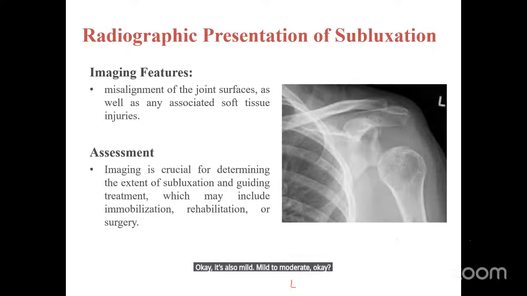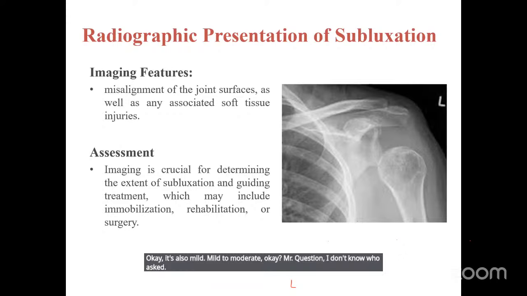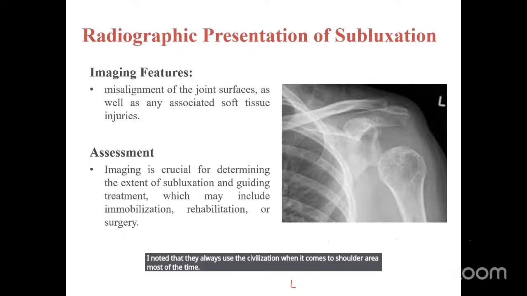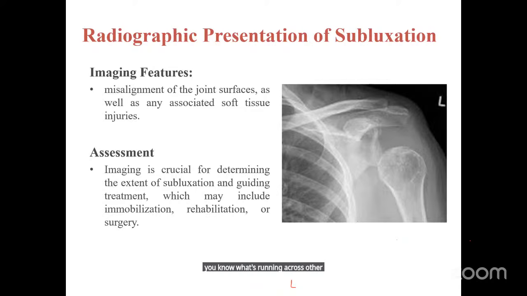Are you satisfied? Yeah, partially. I noticed that they always use subluxation when it comes to the shoulder area, but when it comes to other areas they normally go for dislocation.